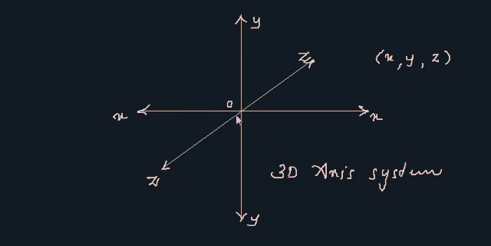So again, from origin, these axis extends to infinity. So you can literally define any point if you have the 3 coordinates. So this will enable you to define a point in the space. And because these axes are extending to infinity, you can define a point anywhere in the space.